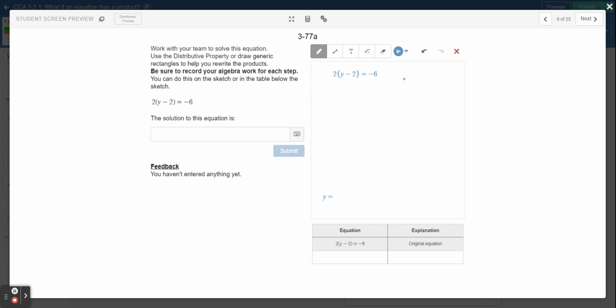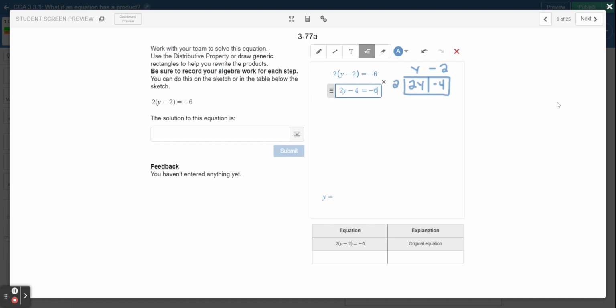So I might go 2 and then y minus 2, top or bottom, it doesn't matter. I'm going to get 2y minus 4. So now I can write 2y minus 4 equals -6.